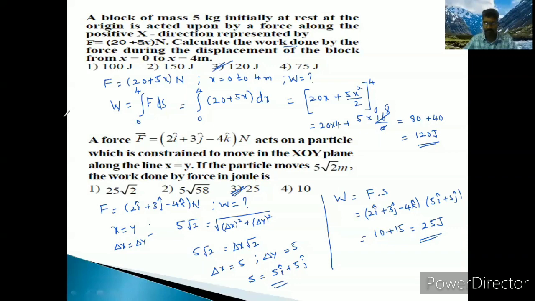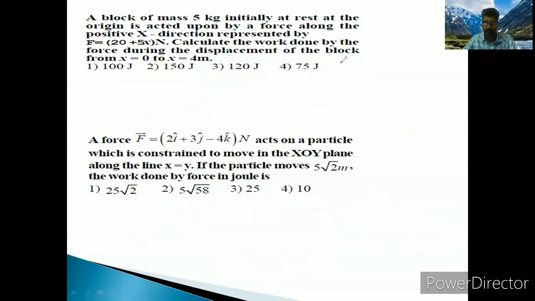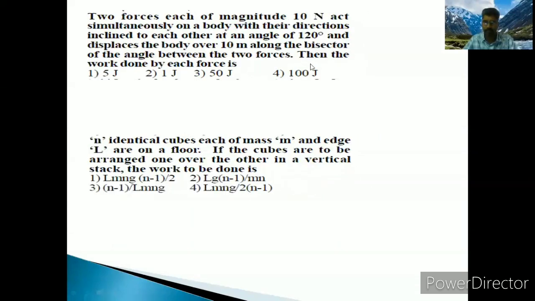Next problem please. Two forces, each of magnitude 10 newtons, I will write F = 10 newtons, act simultaneously on a body with their directions inclined to each other at an angle of 120 degrees.